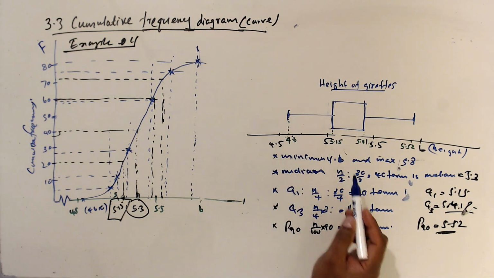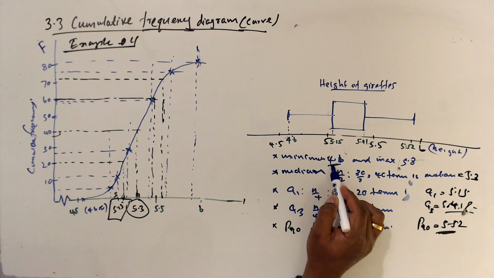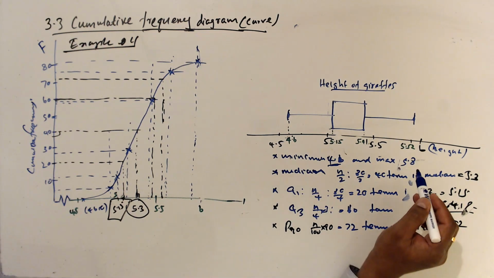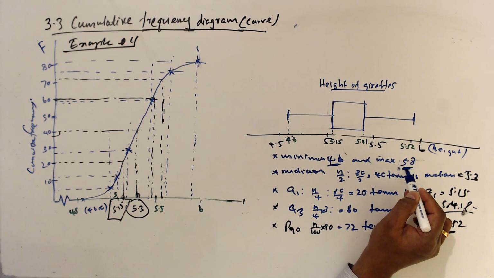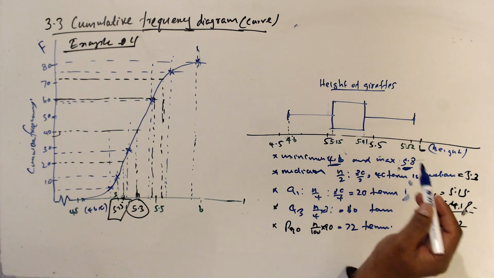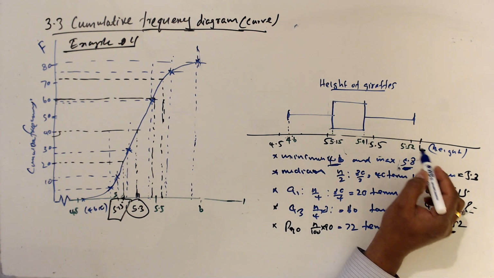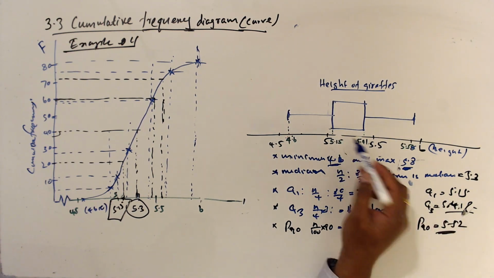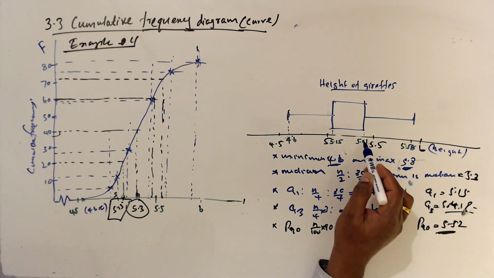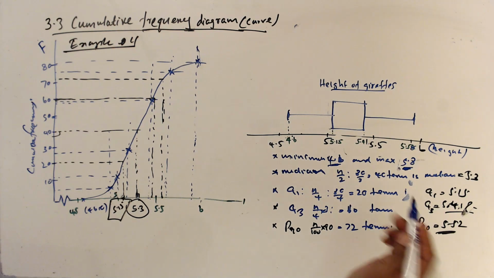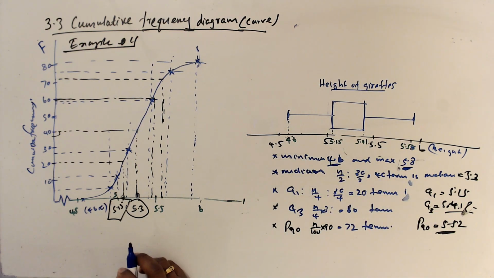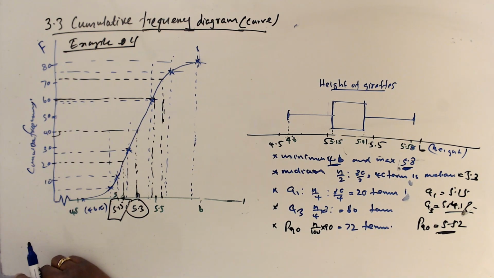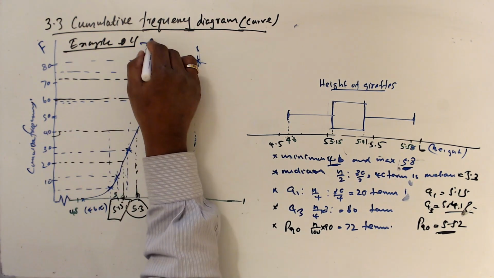The starting point is 4.6, the lower boundary of the first class interval, and the maximum is the upper boundary of the last class interval, 5.8. Q1 is 5.15 and Q3 is 5.41, and then we're done. You can see the precise height of the graphs in example number 4.